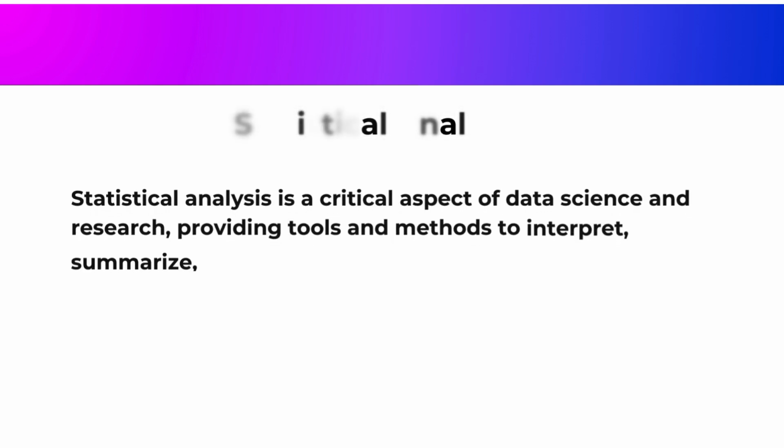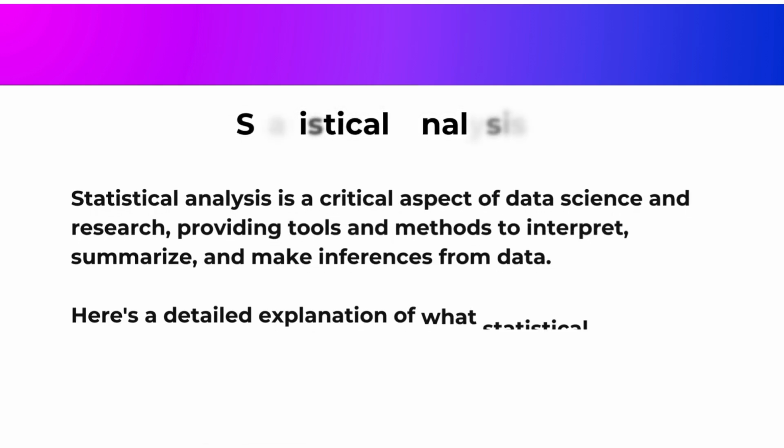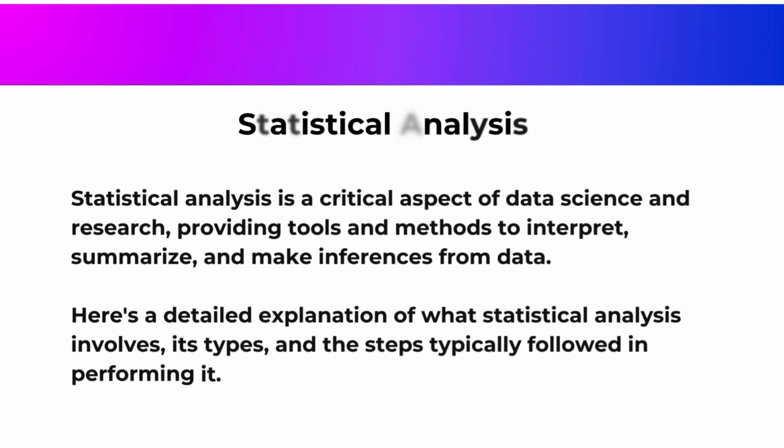Statistical analysis involves the collection, examination, interpretation, presentation, and organization of data. It allows researchers to discern patterns, relationships, and trends within a dataset and make informed decisions based on statistical evidence.